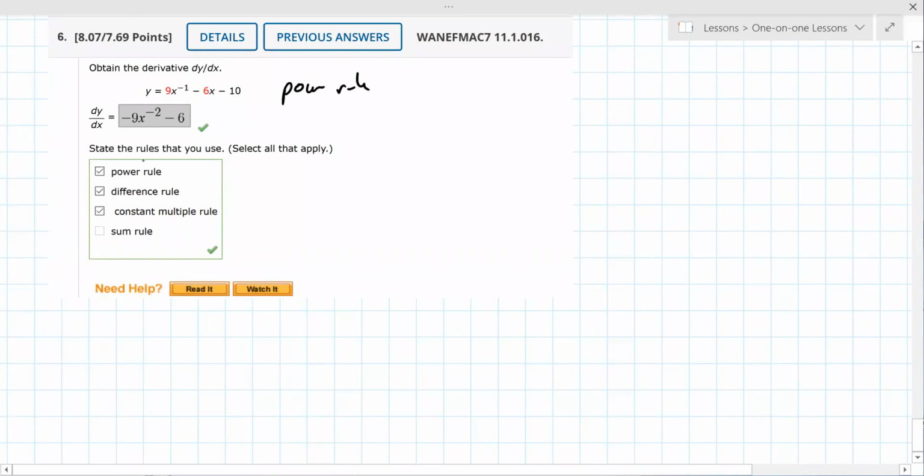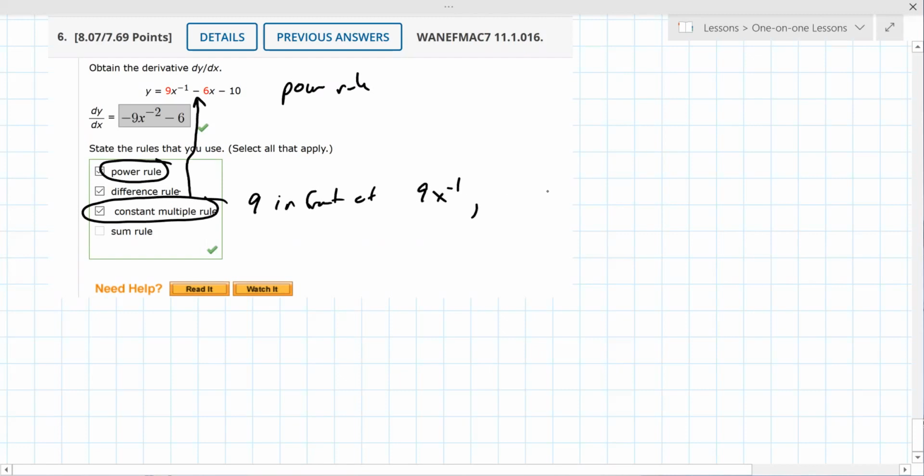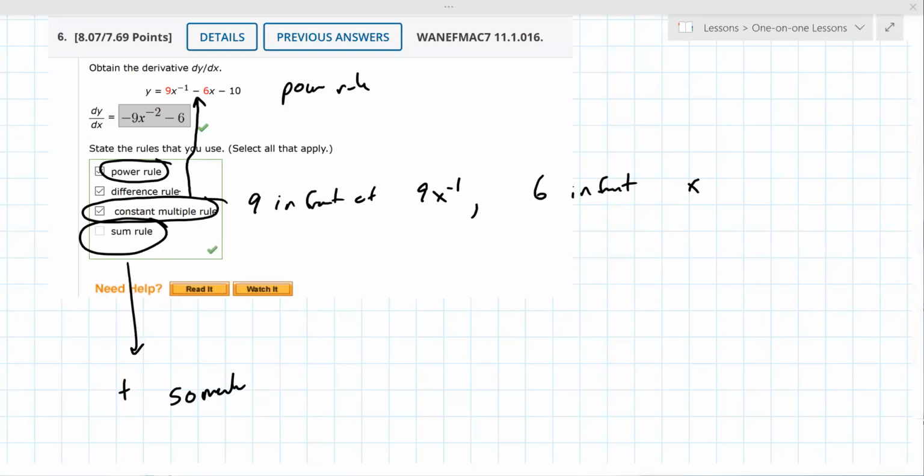But when are you using the difference rule? Well, the minus here, that's the difference rule. The constant multiple rule is the number, the 9 in front of 9x to the minus 1, the 6 in front of x. The sum rule would be if you had a plus somewhere in there.